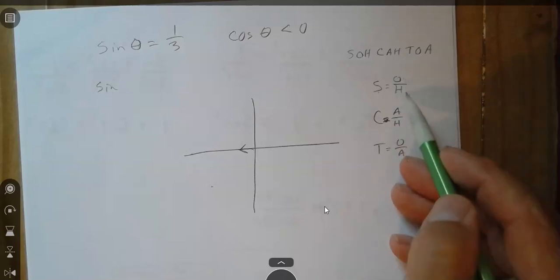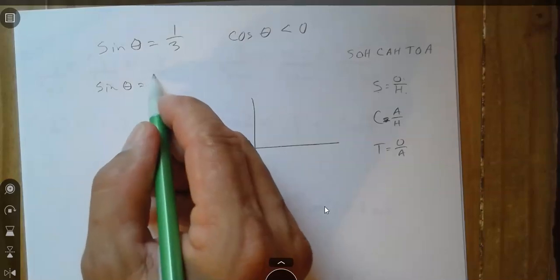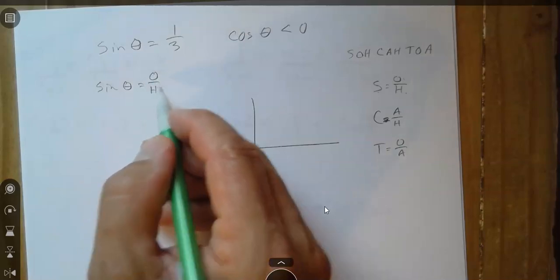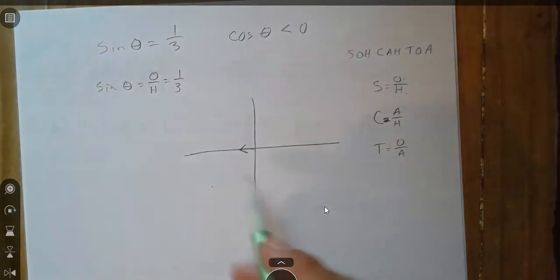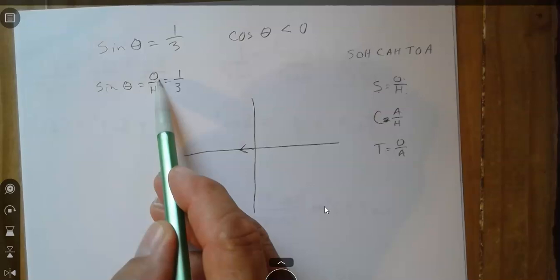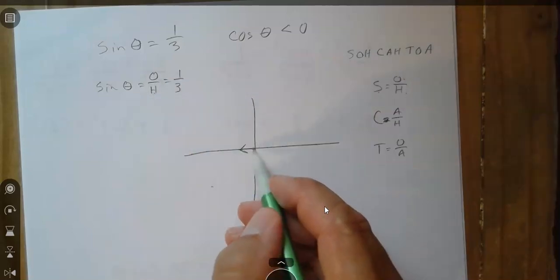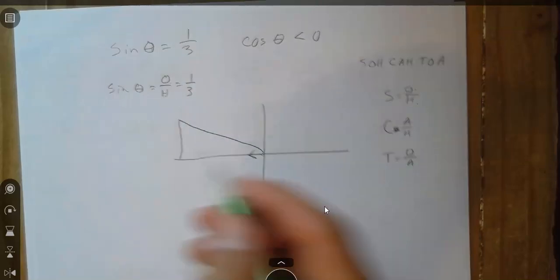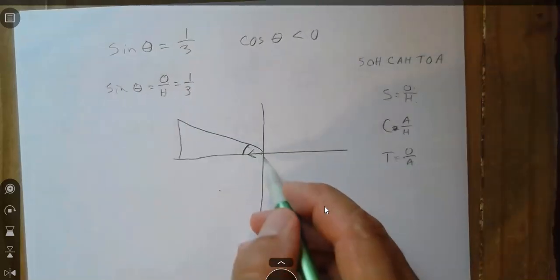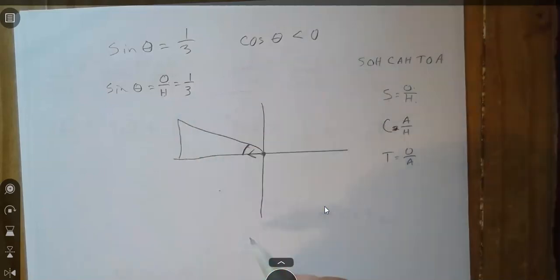So I think opposite over hypotenuse, that is my sine. When I think of sine theta equals opposite over hypotenuse, and this one equals 1 over 3, then I know my opposite is positive and my hypotenuse is always positive. When I think of my triangle, my angle is always coming from the origin, like on our unit circle.